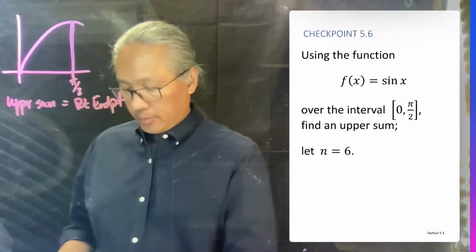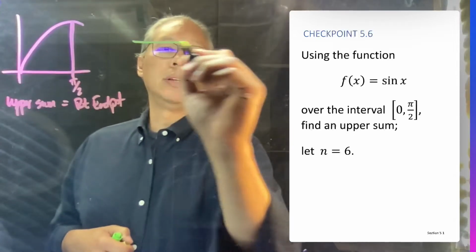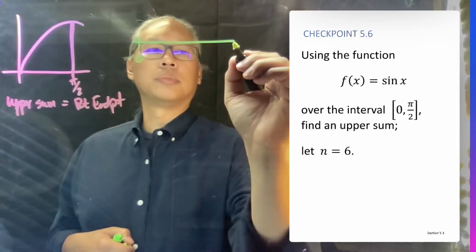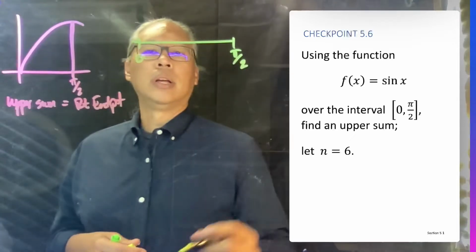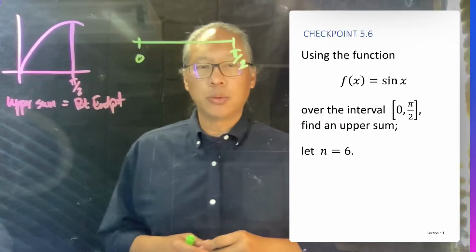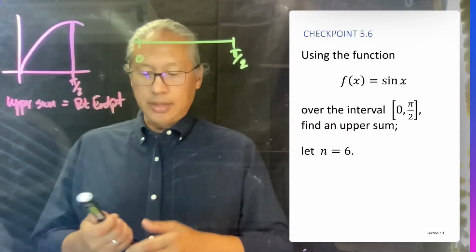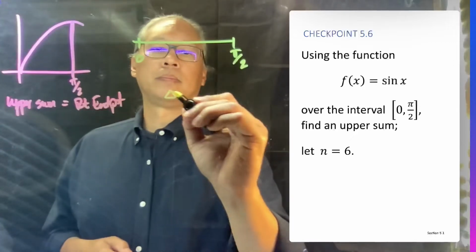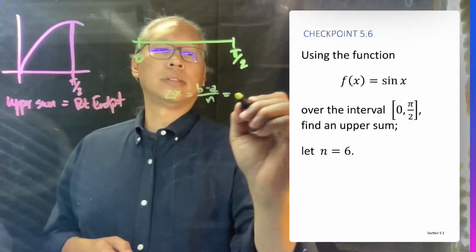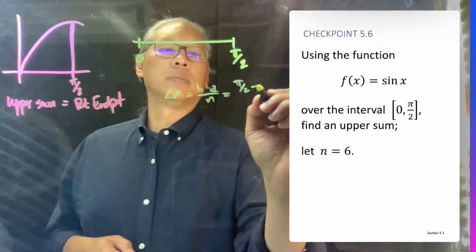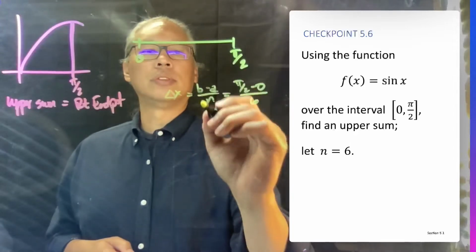And we can get started with approximating by first trying to figure out what this looks like on a number line. We're going from 0 to pi over 2, and we want to break this up into 6 equal parts. So our delta x, if you remember the formula, is b minus a divided by n, so that's pi over 2 minus 0 divided by 6, and that's going to give us pi over 12.